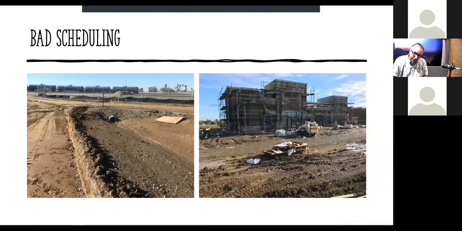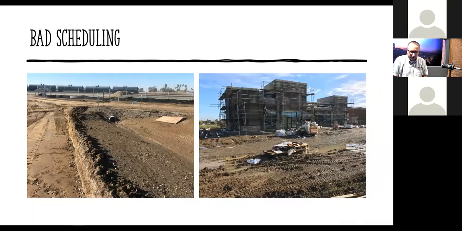Well, the picture on the left is, although it wasn't raining right then, I think this was during the 2018 season when we got a lot of rain. And this roadway should have been paved quite earlier in the project, but because they delayed, this area turned into a mud bowl and basically got muddier and muddier and muddier.